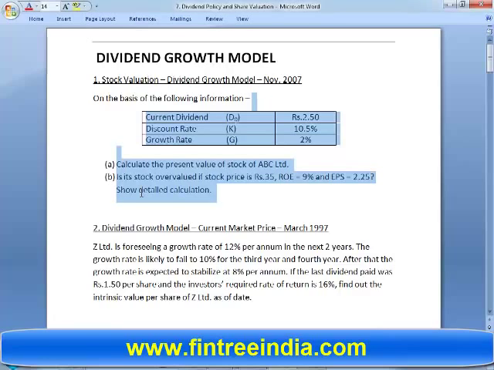How can we calculate book value per share? बोलो.